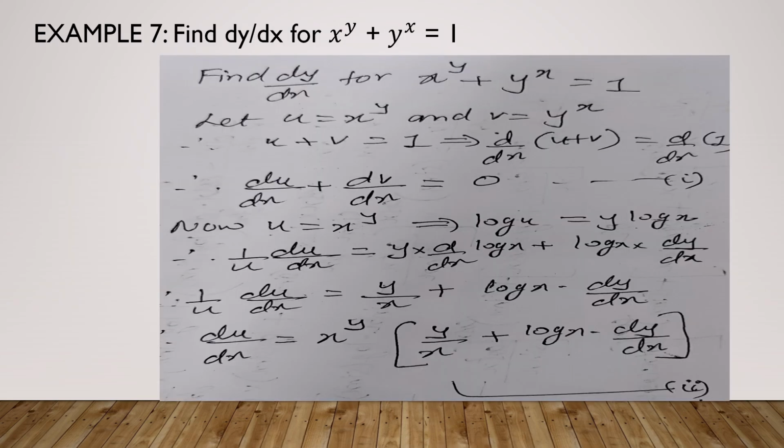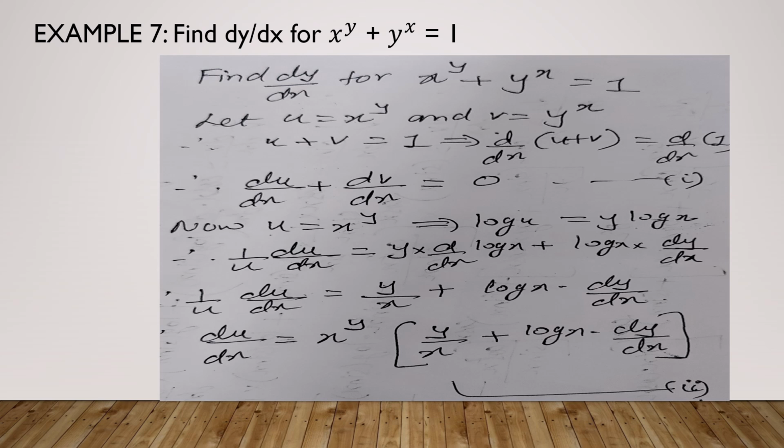Find dy by dx for x raised to y plus y raised to x equal to 1. This equation is given. Remember, we are discussing all different types of equations. Now over here you have two functions, and you know that if you have addition of two functions, the derivative will also be addition of both the derivatives. So to make it simpler, we take one by one.